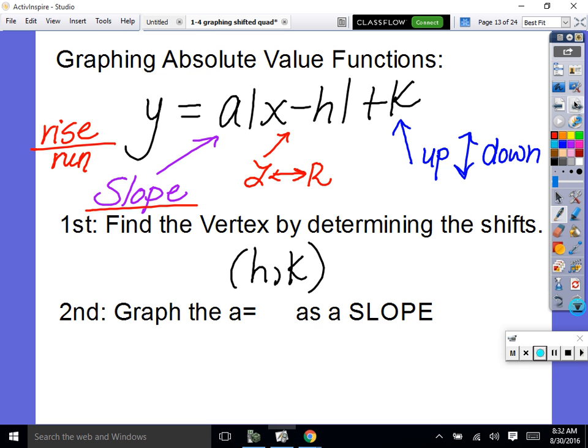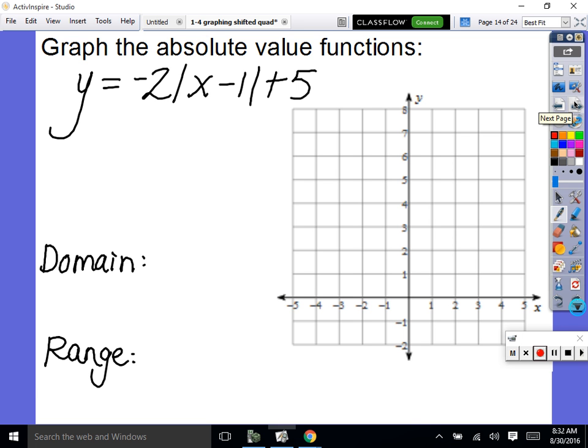Here we go. Graph the absolute value function. So let's talk about the shifting. We want to go right 1, up 5. Watch: I go right 1, up 1, 2, 3, 4, 5. Now you have to describe the shift like you would a quadratic. So this is a slope.